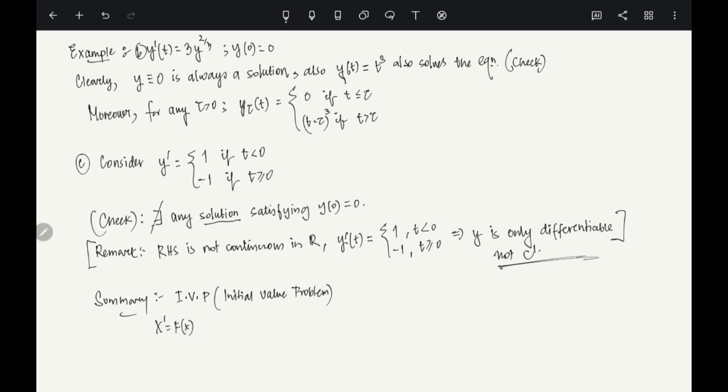So we are looking at a system, and for a special case it becomes a usual ODE. For this system, x at the point t naught is x naught. There may be no solution, there may be a unique solution, or there may be infinitely many solutions.